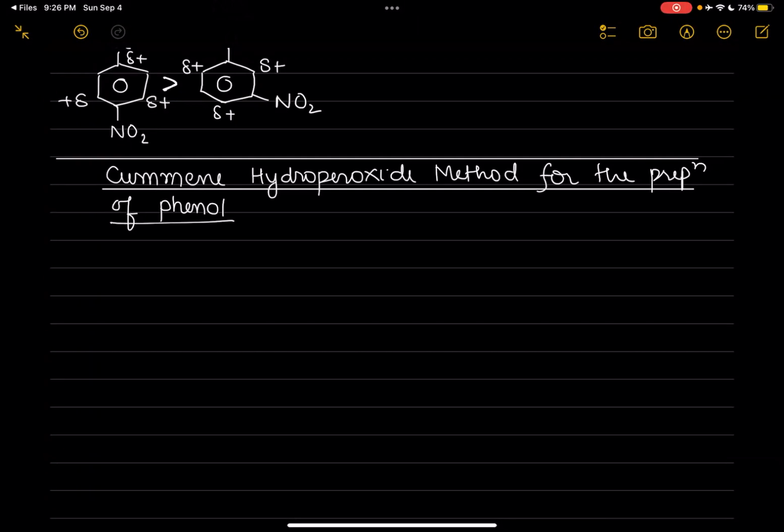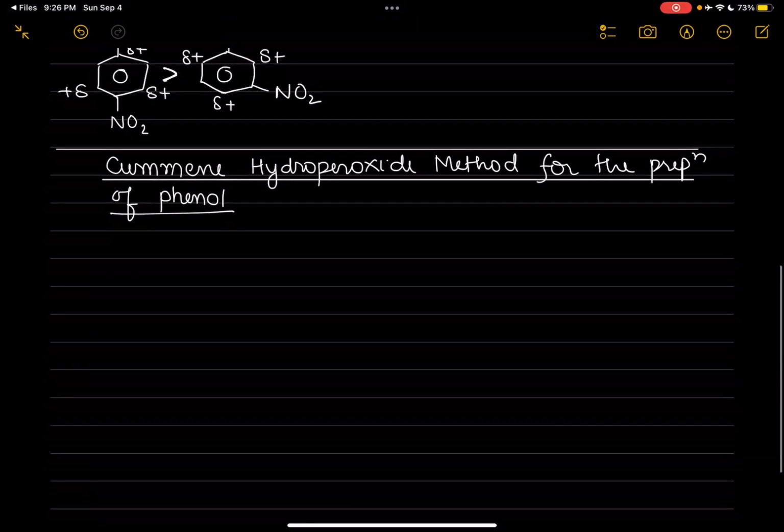So cumene is actually isopropyl benzene. Okay, and you prepare phenol by this method. So what you do, you take benzene and you take propene.